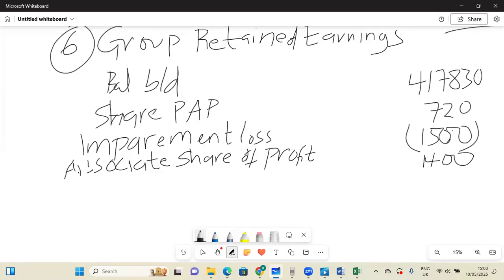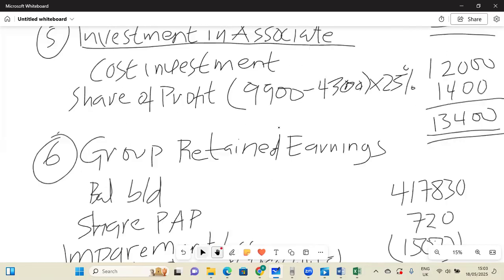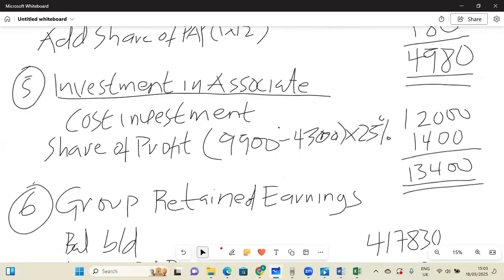So the one that we did up there, workings 5, will come here. And know that if there were to be any impairment loss in the associate, we would have taken it out of here, right? We would have taken it out of here.